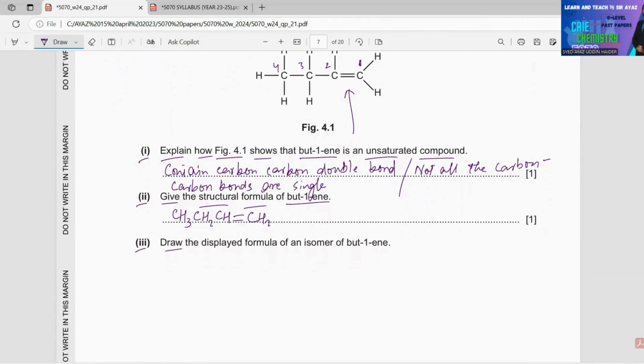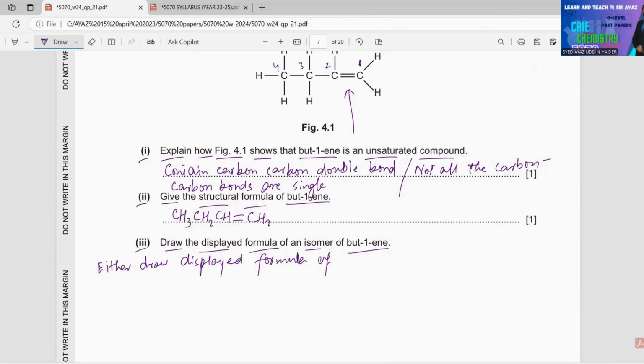Number 3, draw the displayed formula of an isomer of but-1-ene. So for the isomer of but-1-ene, you have two options. Either draw the displayed formula of the first isomer due to the different position of the carbon-carbon double bond.